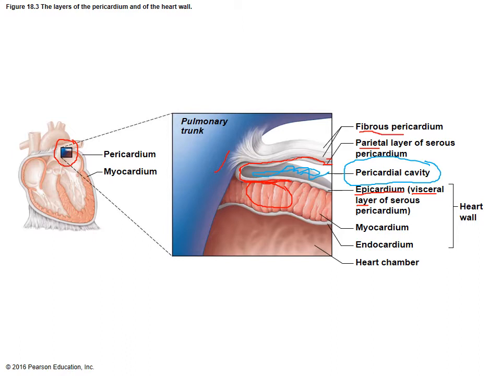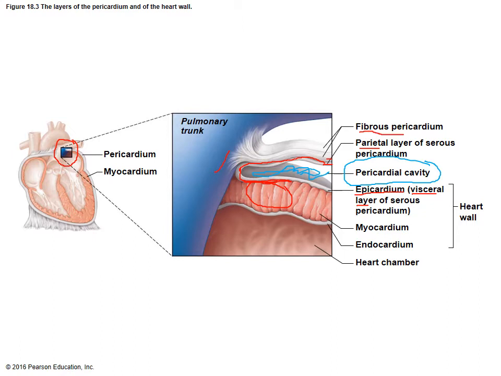Now, it turns out that the reason we can call it both names, either epicardium or visceral layer, is because that location can be used to describe two things. If we call it the visceral layer, then we're talking about the protective layer of the pericardium that surrounds the heart, okay? And the visceral layer is the layer that makes direct contact with the heart muscle.